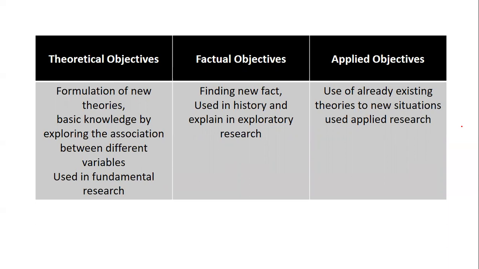Factual objectives are about finding new facts, which is used in history and in exploratory research. Applied objectives are the use of already existing theories in new situations, used in applied research. So this is how the objectives of research are divided into theoretical, factual, and applied.